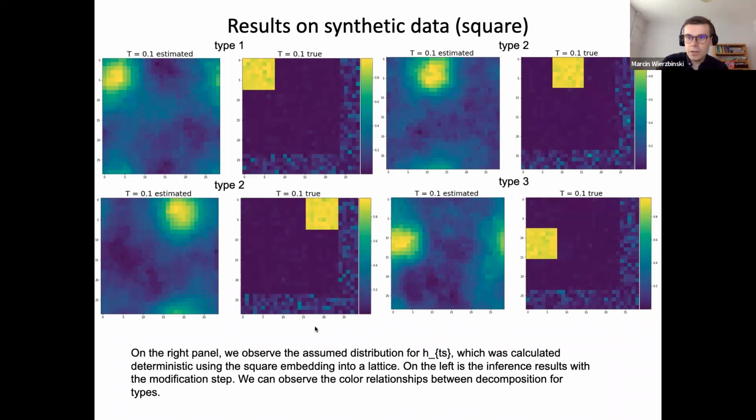For instance, yellow colors represent a 0.8 or 0.9 proportion of these types within this area, the square.